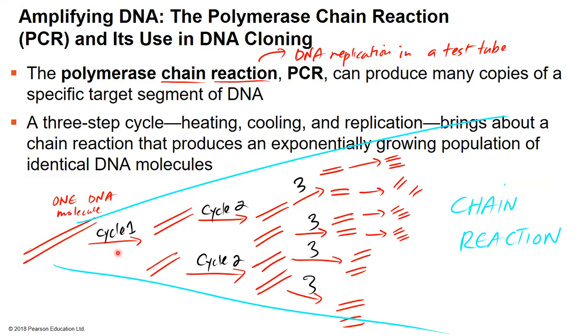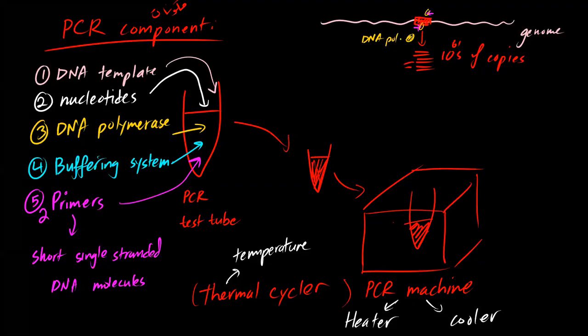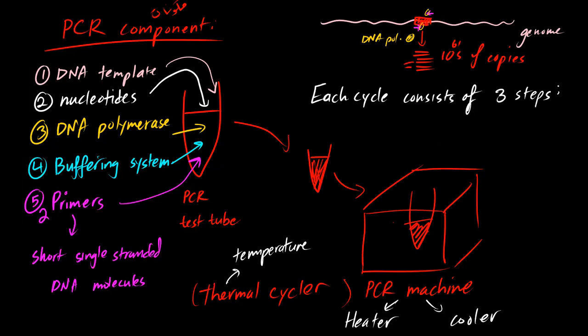Each cycle consists of 3 steps. The first one is denaturation.